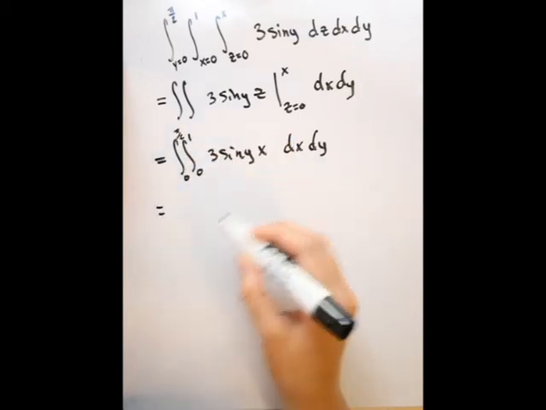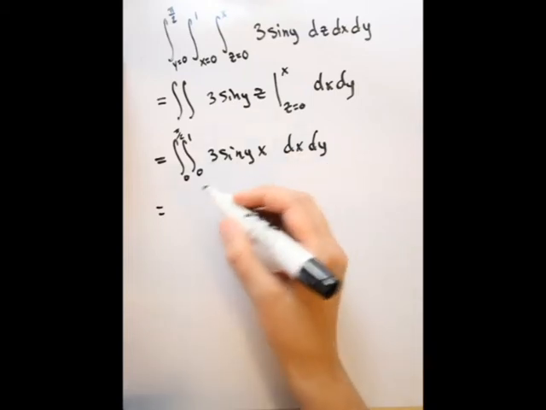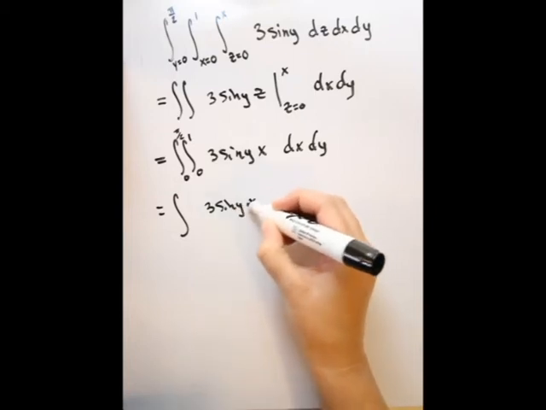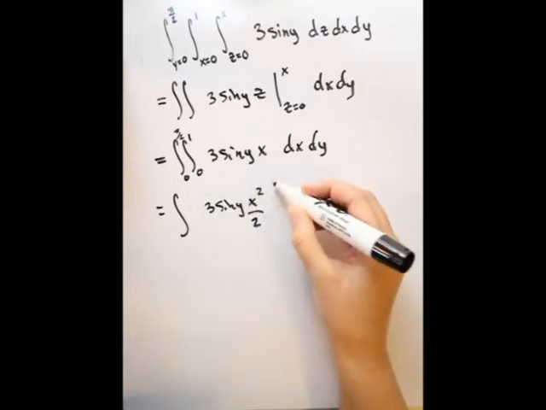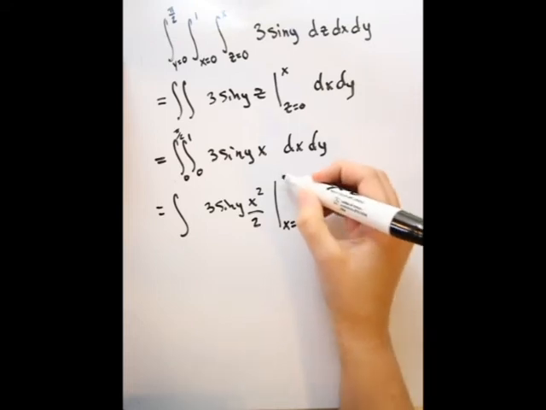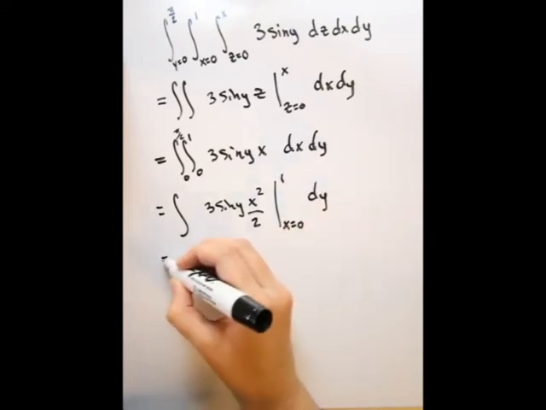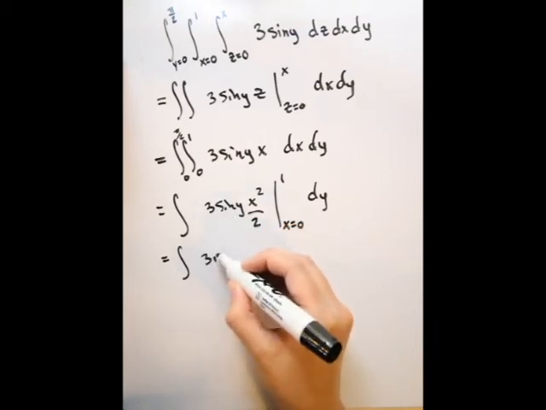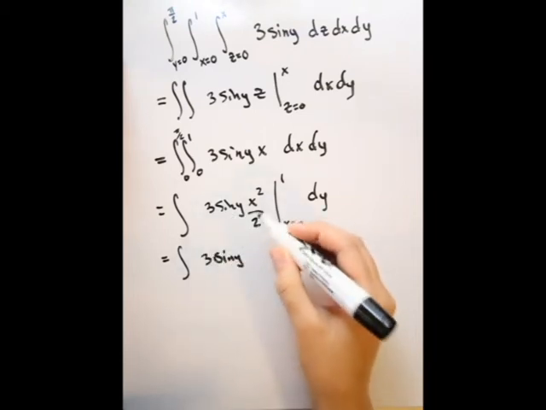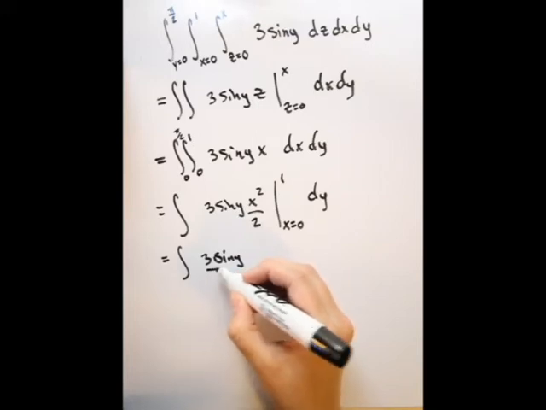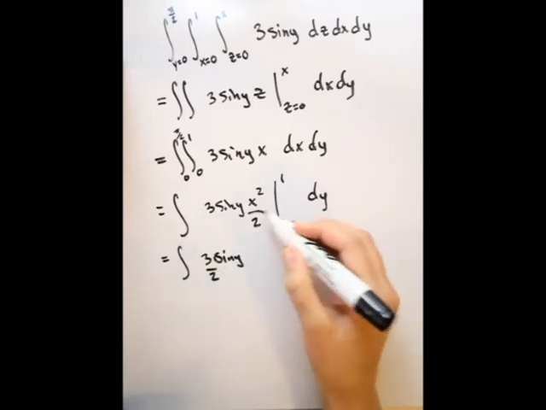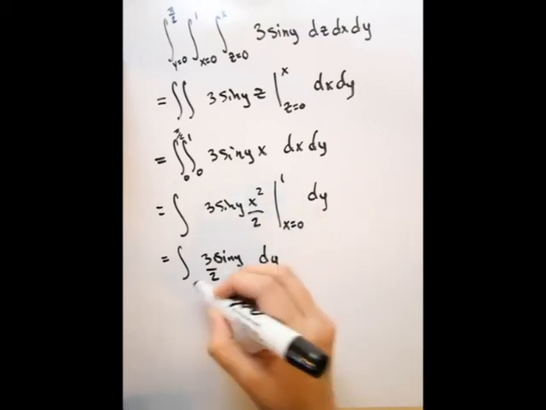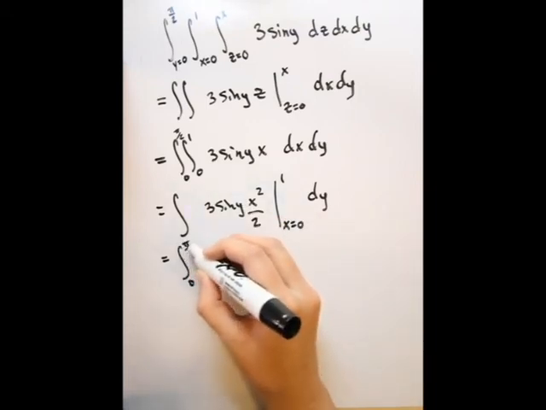Now integrating with respect to x, 3 sine y is a constant, so we're going to get 3 sine y times x squared over 2, evaluated from x equals 0 to 1. Plugging in 1, we get 3 sine y times 1/2, so I'm going to go ahead and put the half over here, and then when we plug in 0, this is all going to go to 0, so we don't need to write that. And then last, we can integrate with respect to y.